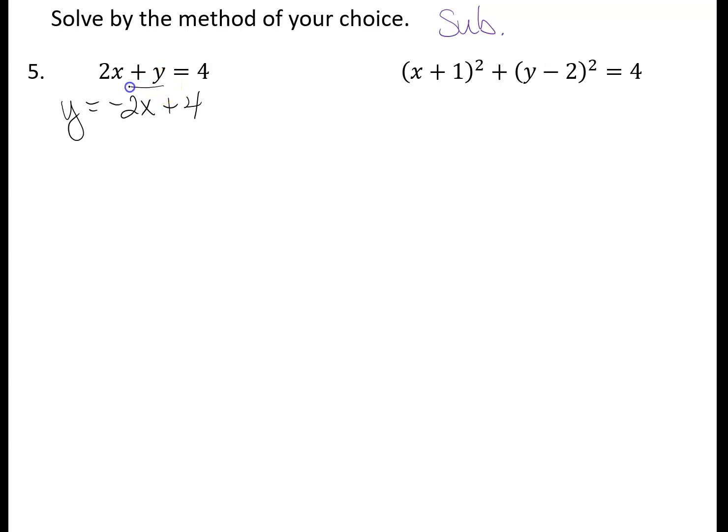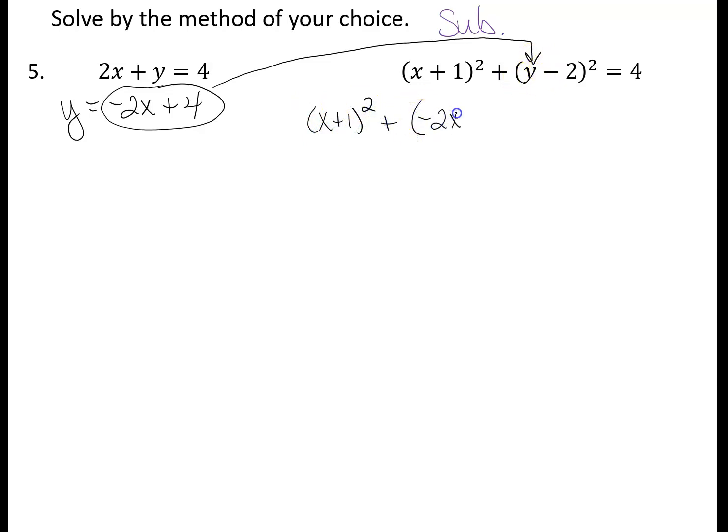All right, so all of this is going into y in the second equation. So we're going to bring down the x plus 1 squared plus, we're replacing y with negative 2x plus 4. Now I still need the minus 2 that follows the y. Close squared and bring down the equals 4.